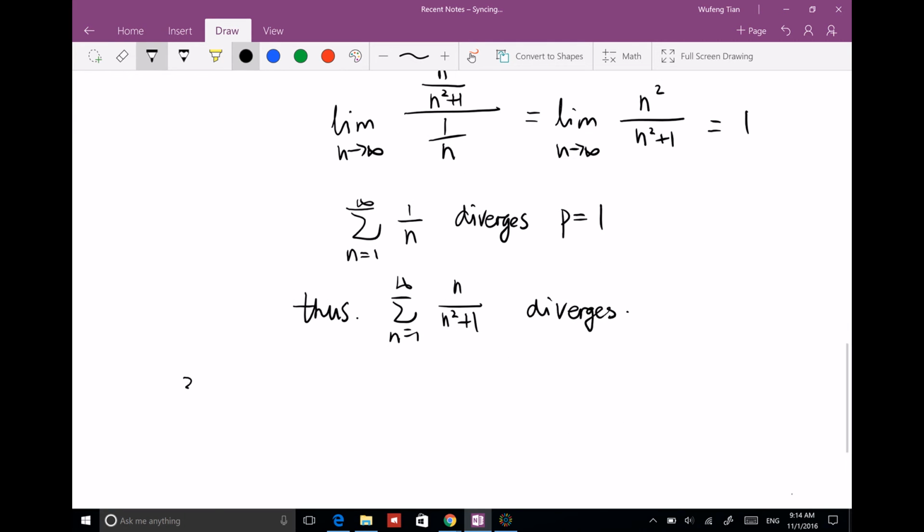All right, so more examples. The sum from n equals 1 to infinity of 5 over 4 to the power n plus 1.